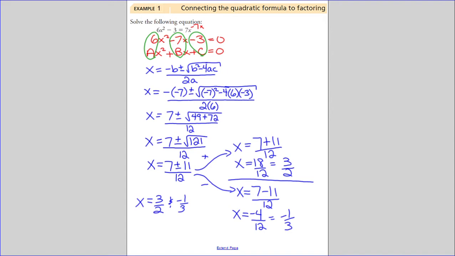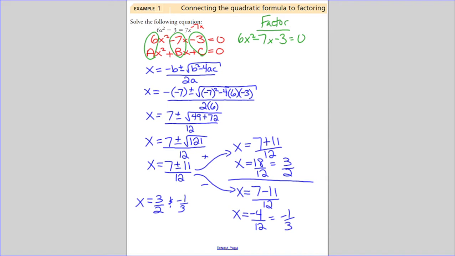So, if we were to make a connection to factoring with this, we're going to start back up at the top, and we're going to take a look to see how we could factor this out to get the same answer. So, if I started off on my second line here, 6x squared minus 7x minus 3 equals 0.